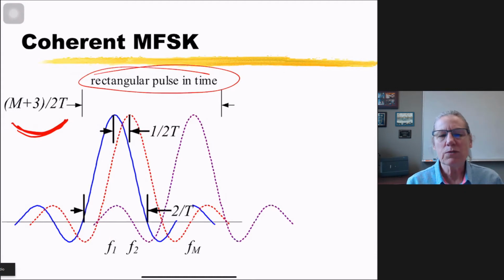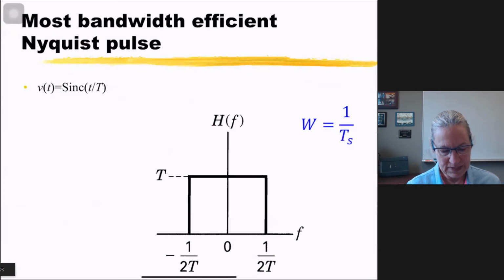So when we want to come up with a benchmark, what is the most efficient you can be? Well, in that case, we wouldn't use a rectangular pulse in time. If we wanted to be the most efficient, we would be using an ideal Nyquist pulse, which of course is a sinc function in the time domain and a rectangle in the frequency domain.